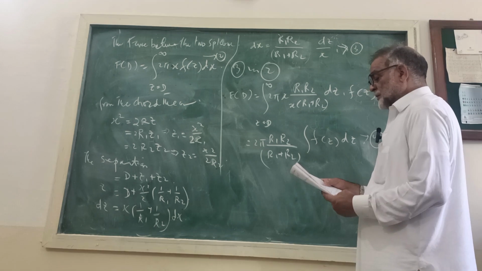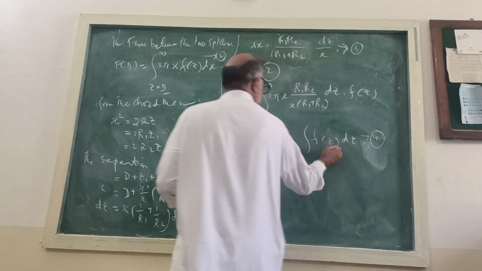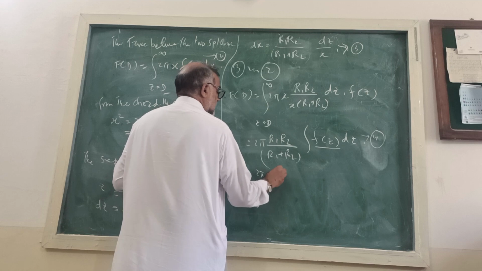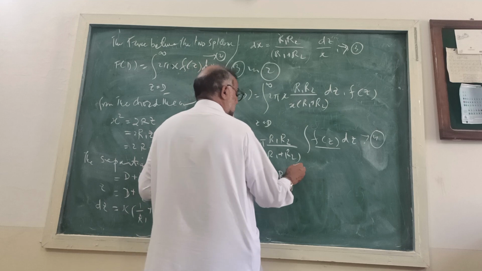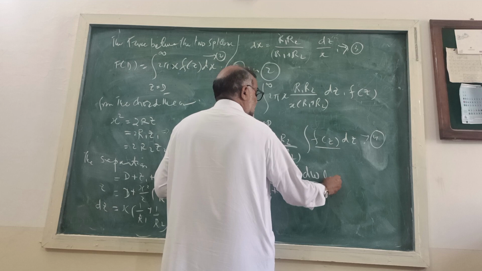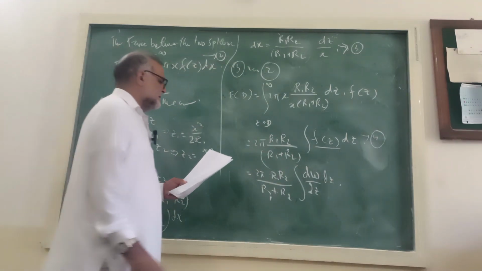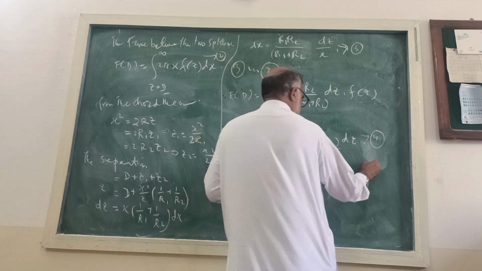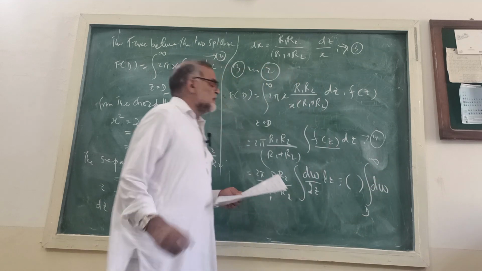Now force is equal to dW by dz. This is dW by dz equal to 2 pi r1 r2 divided by r1 plus r2, dW by dz into dz. This is equal to the reciprocal effect, and that will be d of W from d to infinity.